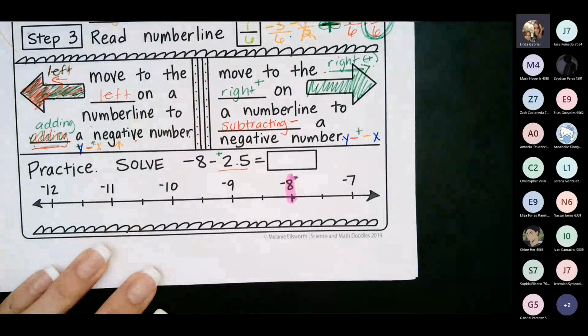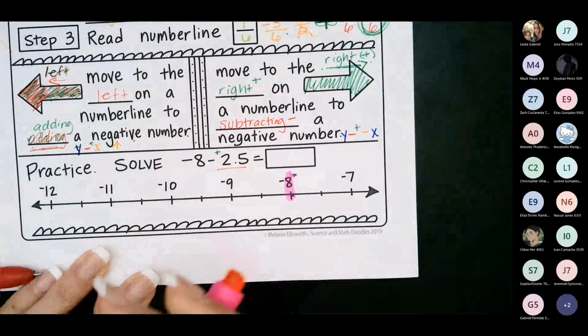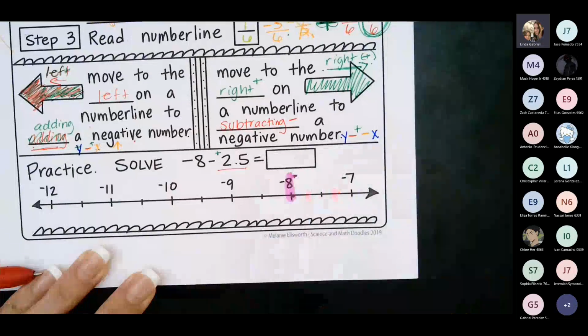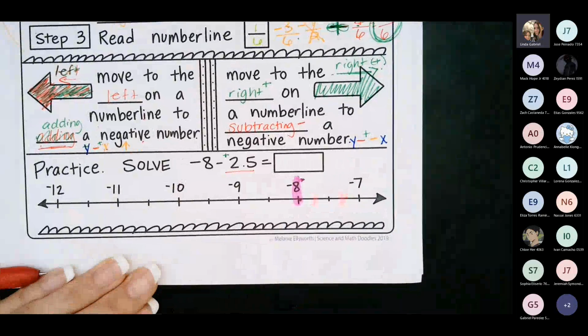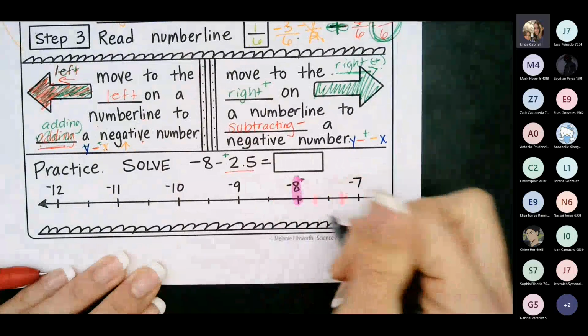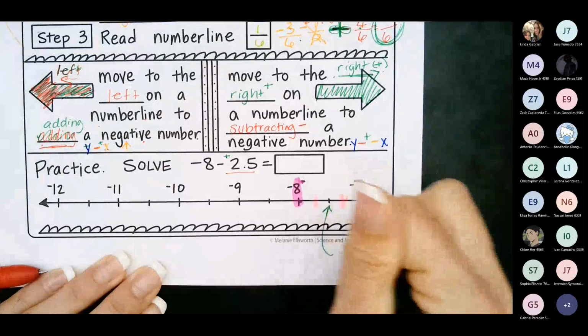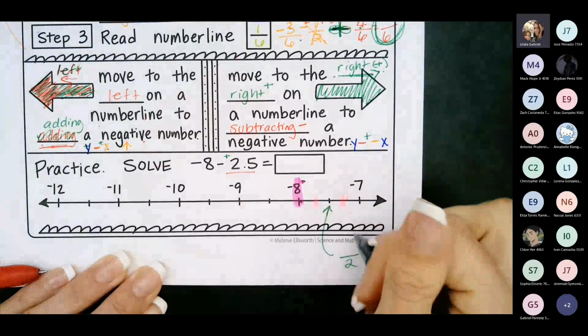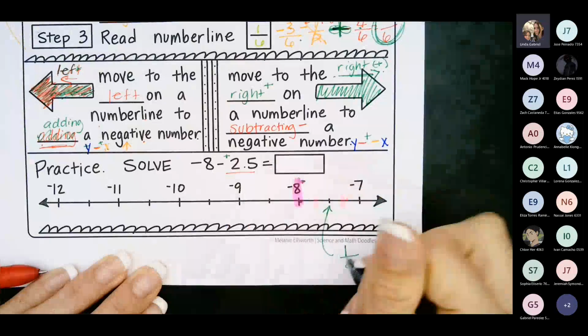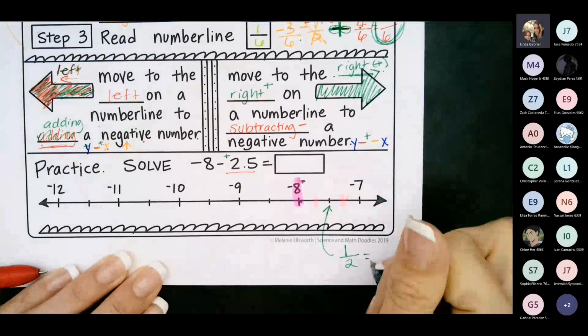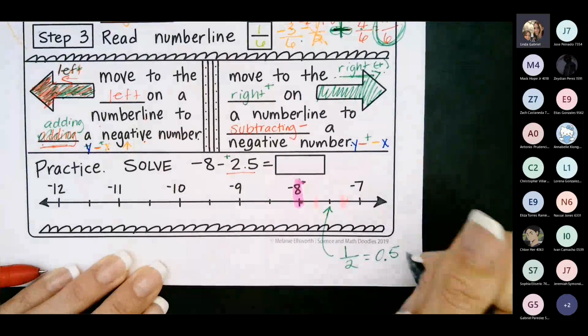Here on my number line, my sections are divided into 2, making my denominator 2. So each little line is worth 1/2, and 1/2 in decimal form is 0.5.